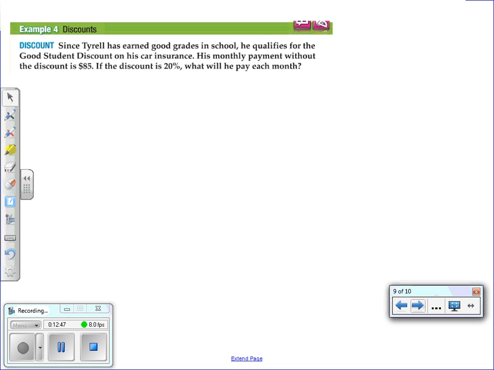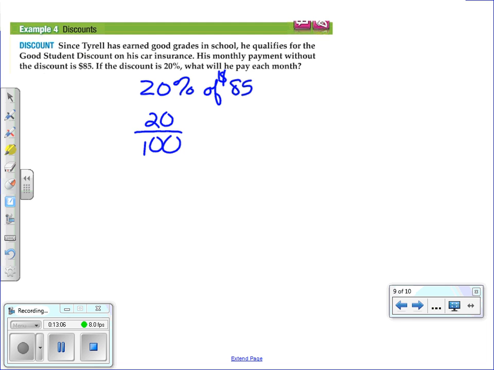If the discount is 20%, what will he pay each month? Okay, so the discount's 20%. We have to find out 20% of $85, right? So that's 20 over 100 equals what over 85?